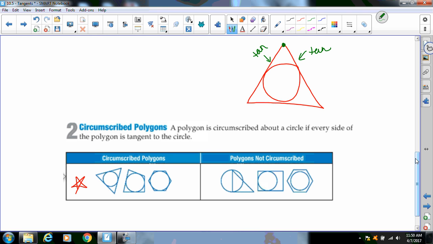So that means those two sides are going to be congruent. And then the same down here, and the same here. That is important. So the concept we just talked about still applies when you have a polygon circumscribed about a circle. So on this hexagon, those two tiny little sides would be congruent, and these two, and so on, all the way around.